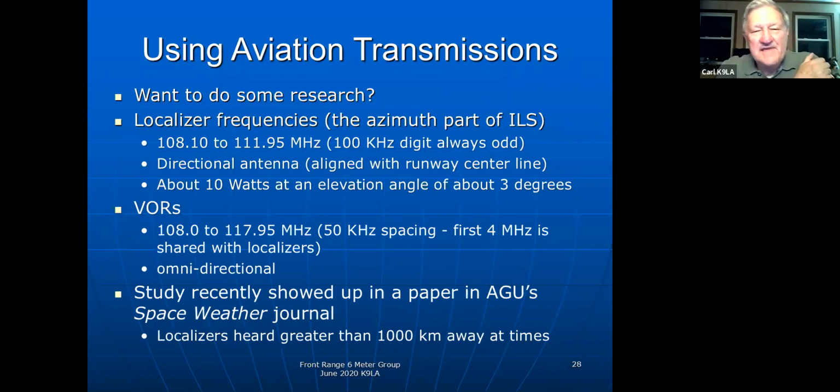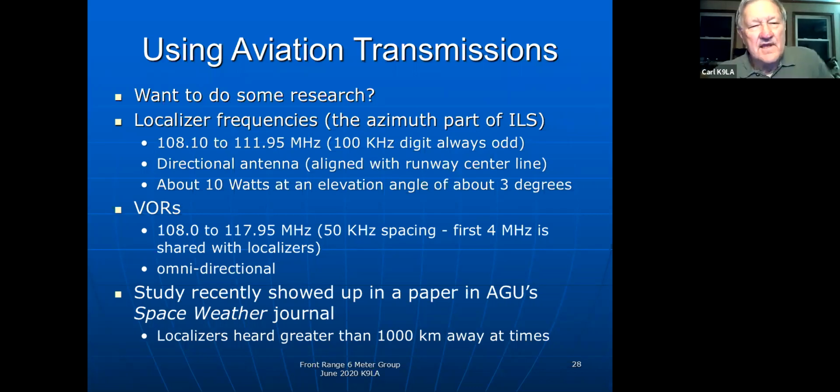The reason I mention this is that recently a paper showed up in the American Geophysical Union's Space Weather journal, where the authors monitored localizer frequencies, 110 megahertz or so, and they heard some of them 1,000 kilometers away. If you can hear 110 megahertz 1,000 kilometers away, I'm sure there was probably some 6 meter stuff going on too. So if you want to do some research, this is something.